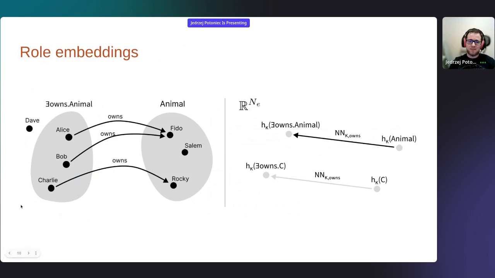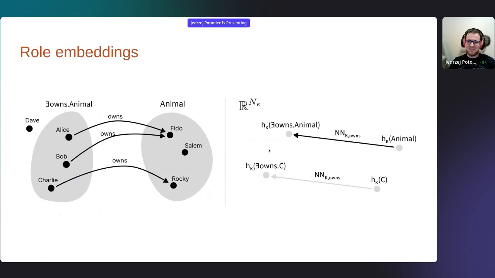This is because concepts are sets consisting of individuals, and the roles then typically link individuals. That would be very hard to include in this embedding space.